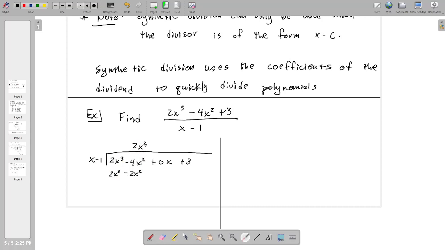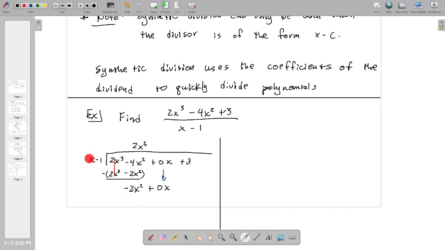Now we just subtract. 2x cubed minus 2x cubed is 0. Negative 4x squared minus a negative 2x squared is the same thing as negative 4x squared plus 2x squared, since the negative distributes and cancels. That gives us a negative 2x squared here. And then we bring down the 0x here.